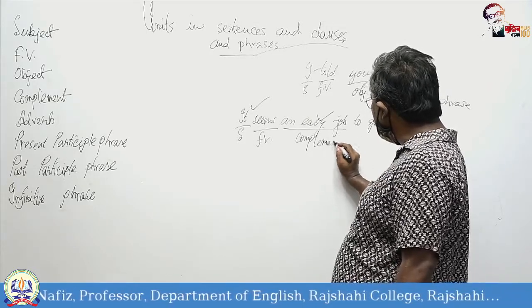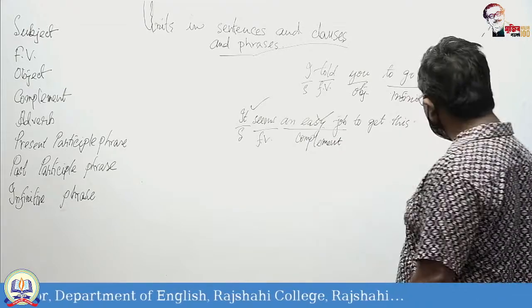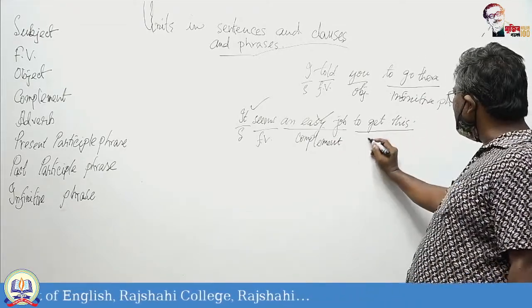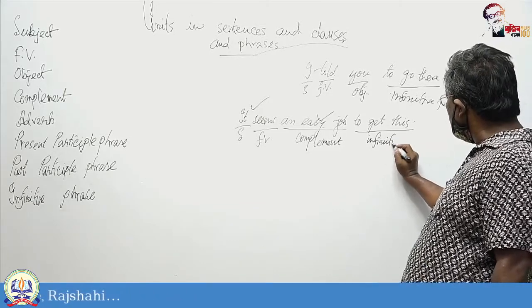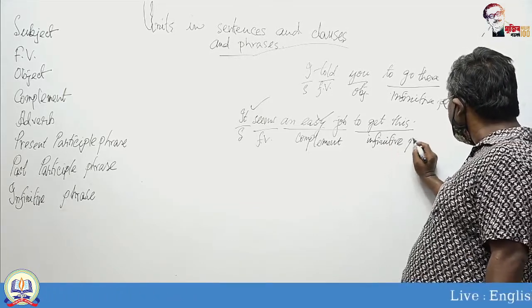Therefore, an easy job is the complement in the sentence. To get this is an infinitive phrase.